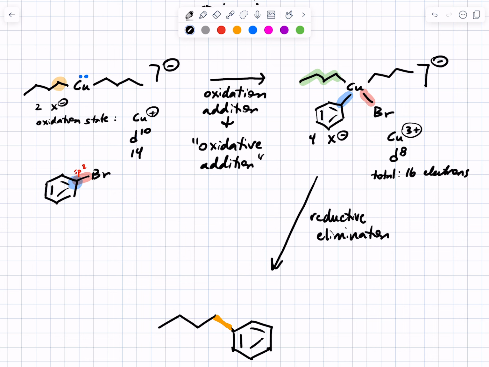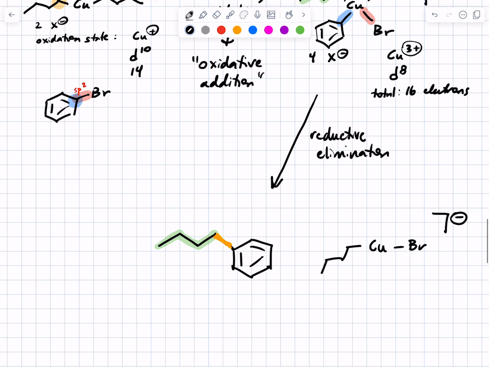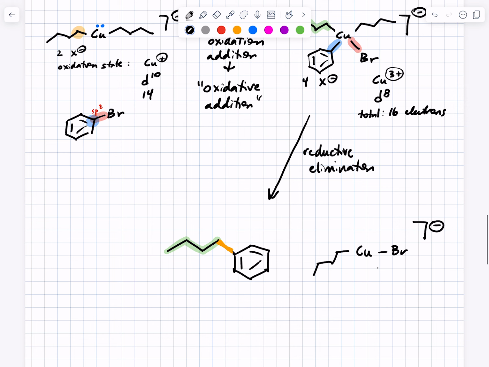We're going to eliminate the benzene ring and one of the alkyl ligands on the copper. And at the same time, the copper complex is going to get reduced. What's left on the copper after this reaction is just one of the alkyl ligands and the bromide. And if you go through the same process, you will see that copper is now back at +1.